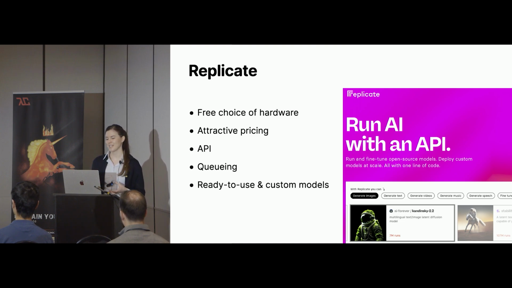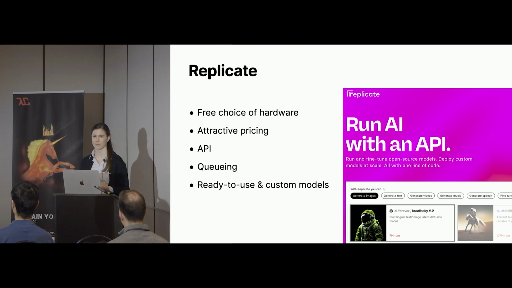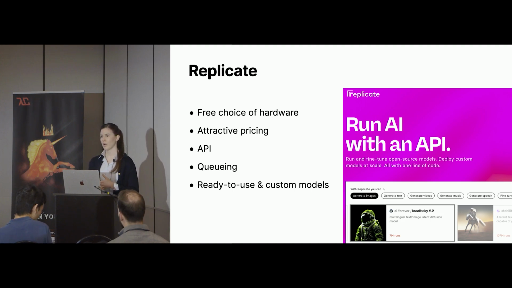While using Replicate, we realized that it's efficient for inference, so efficient when we want to use it for generating pictures. But for training, we want to explore new solutions because it's kind of expensive for training.